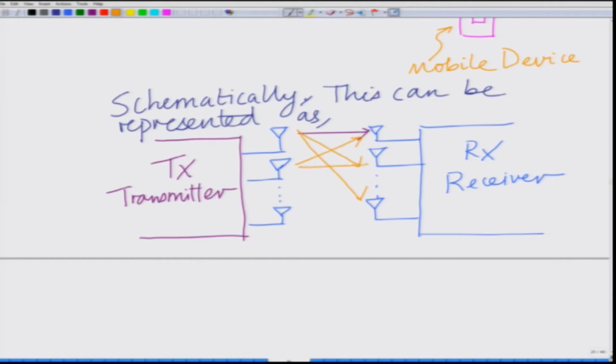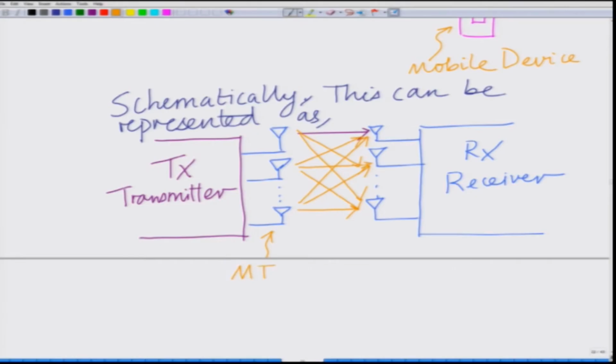I have a path between every transmit and receive antenna pair, between every transmit antenna and every receive antenna I have a channel. So, if I have m transmit antennas and r receive antennas, I am going to have a total of m times r channels.